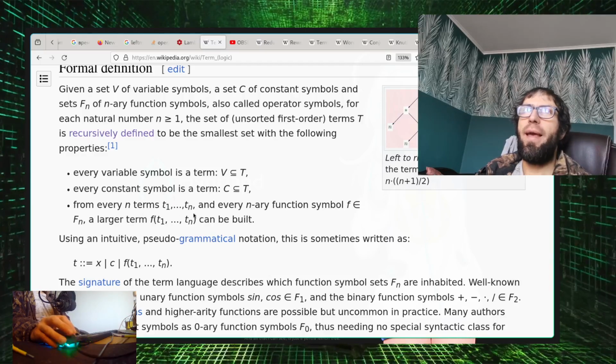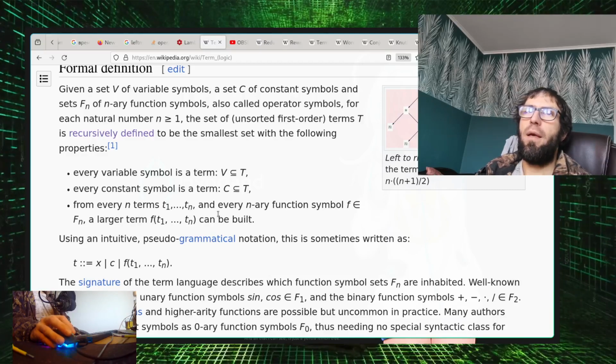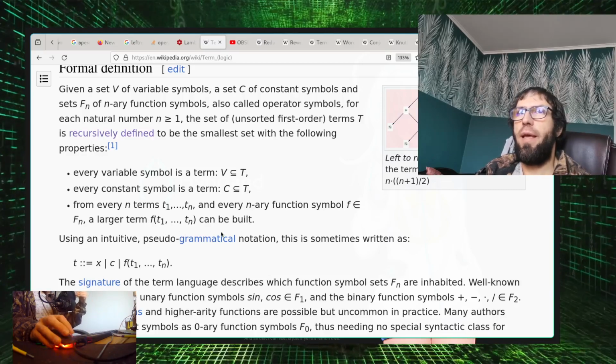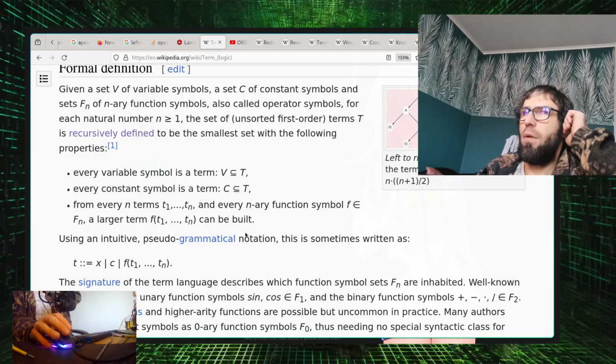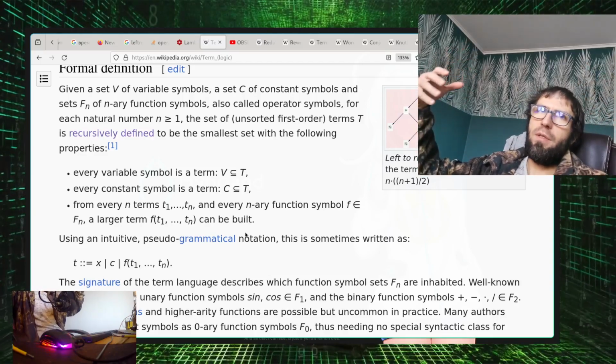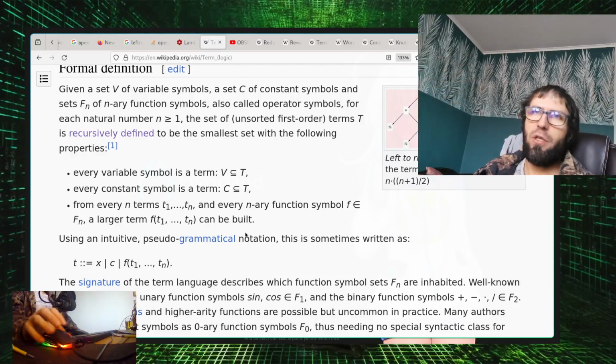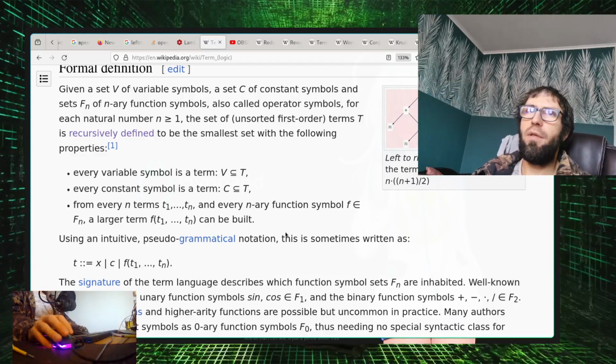From every n terms, T1 to Tn, and every n-ary function symbol f, a larger term f(T1, ..., Tn) can be built. So we can embed all these constants and variables in our function arguments, and we will receive a new term.